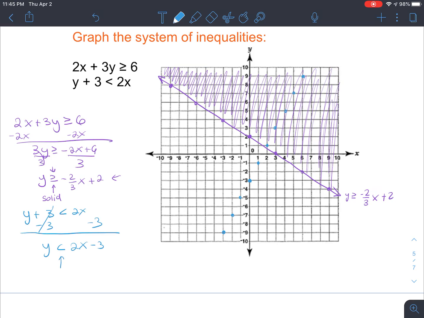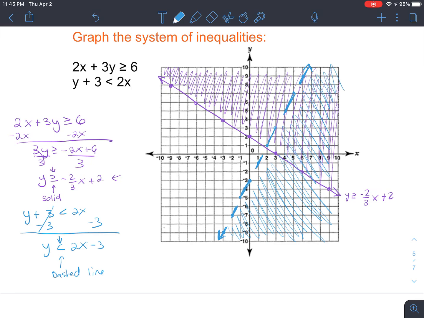Well, it is a strict inequality, so we would do this with a dashed line. When I connect these points together, we want to make sure we have some spaces, but can also see the whole thing. Now, will it be above or below? Well, it is a less than, so it's going to be below. So we're going to be shading on this side.